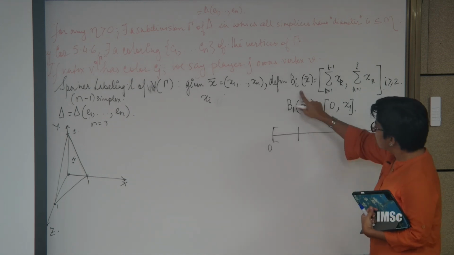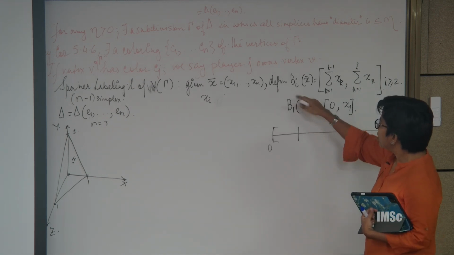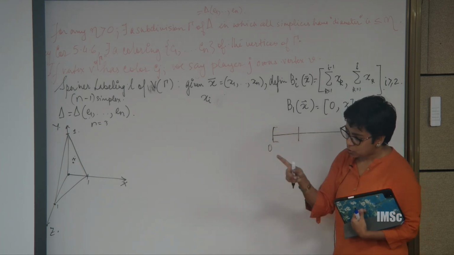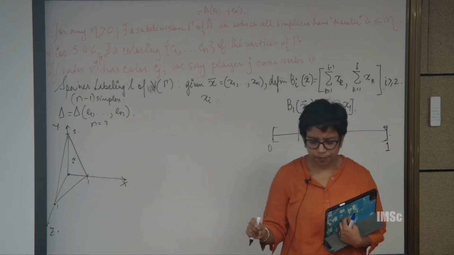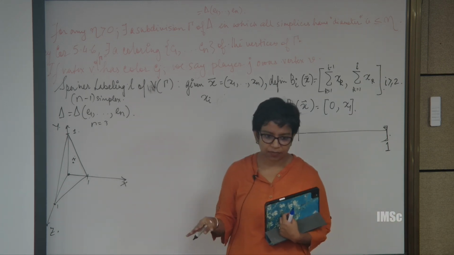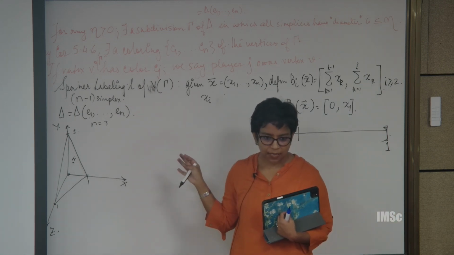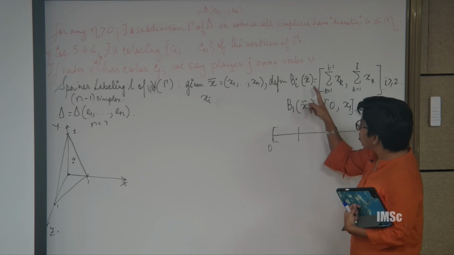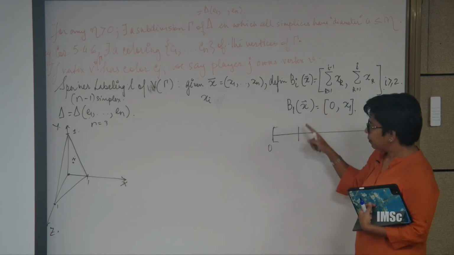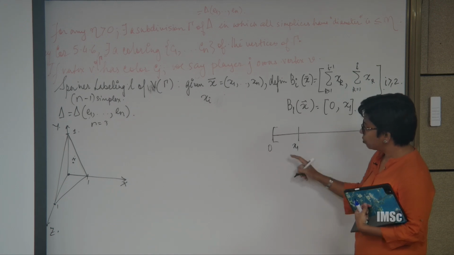So, the first agent, b_1 for any point x, this is how I am going. I was saying how each point in the simplex basically creates a partition, so I am describing that. For agent 1 with respect to this point x, he gets the piece 0 to x_1.